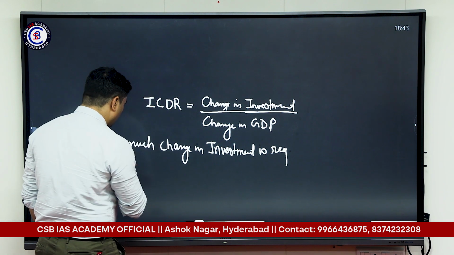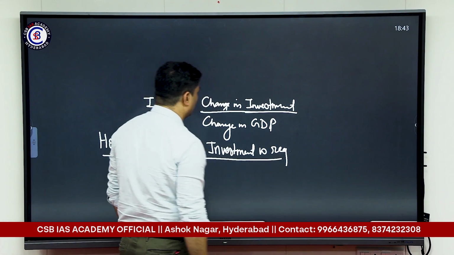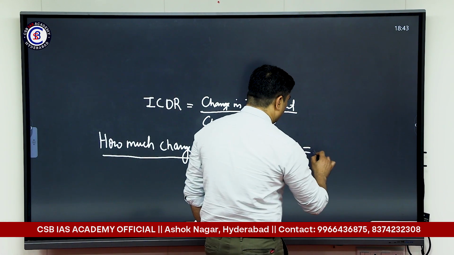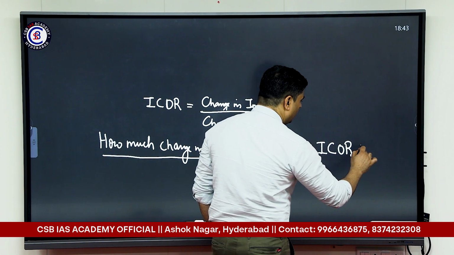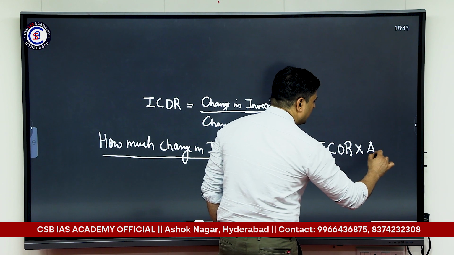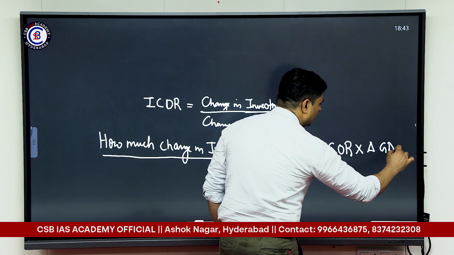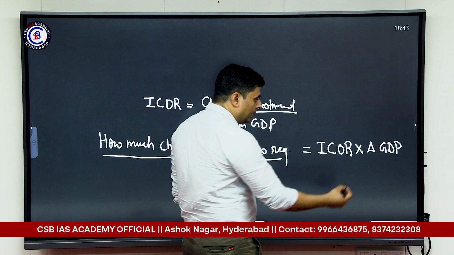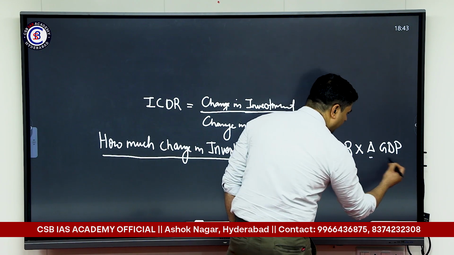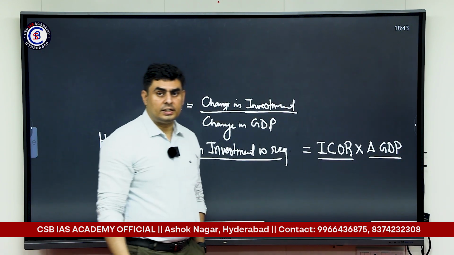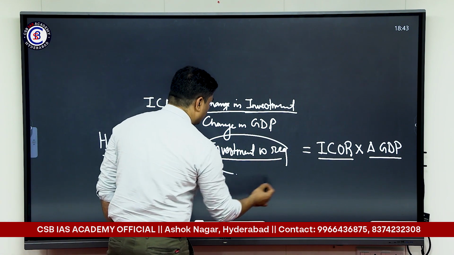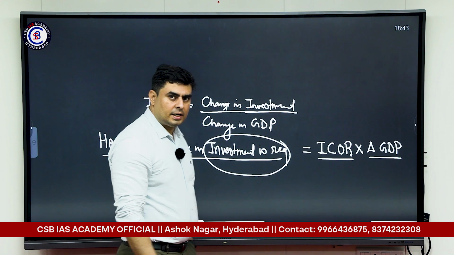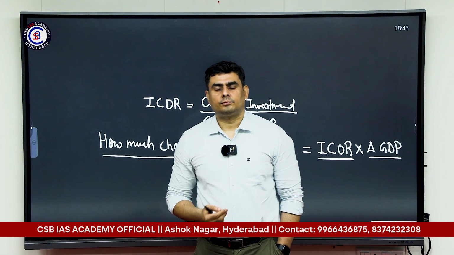If we want to calculate how much change in investment is required, we have to multiply the ICOR value by the change in GDP. So if we have the ICOR value and the change in GDP value, then we can calculate how much investment is required.